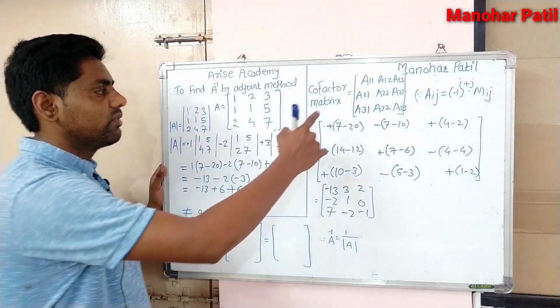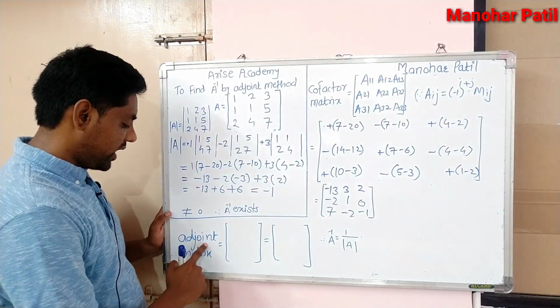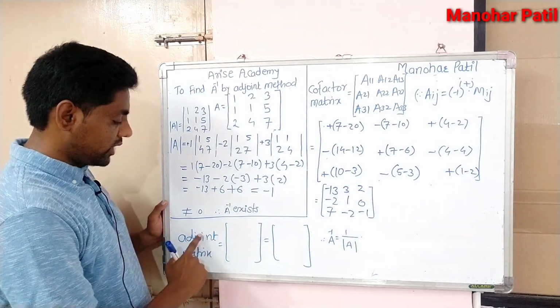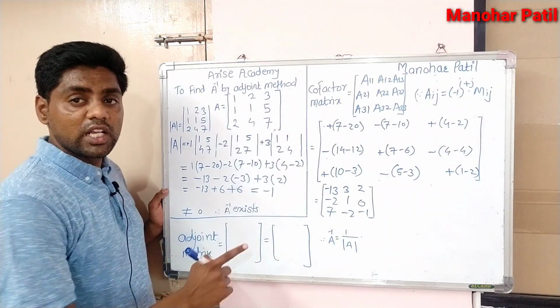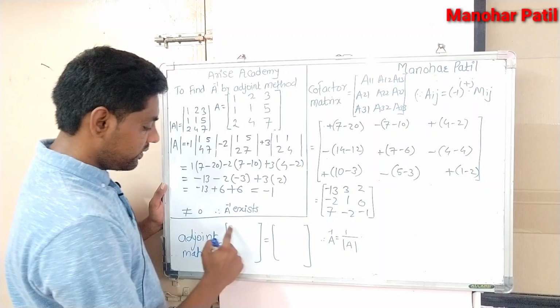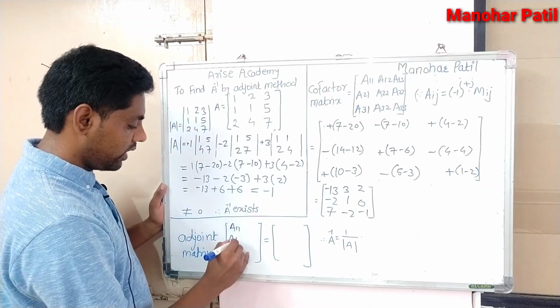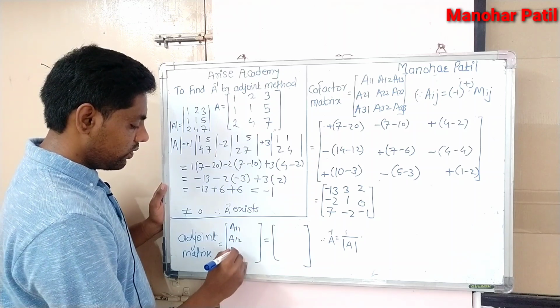Once you get the cofactor matrix, we have to find the adjoint matrix. We know that the adjoint matrix is nothing but the transpose of the cofactor matrix. So the first row becomes the first column: A11, A12, A13.